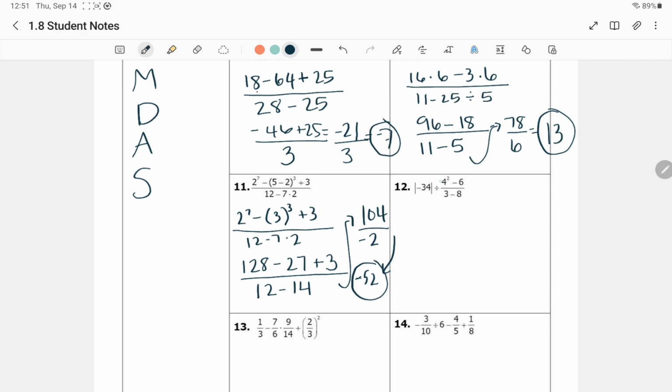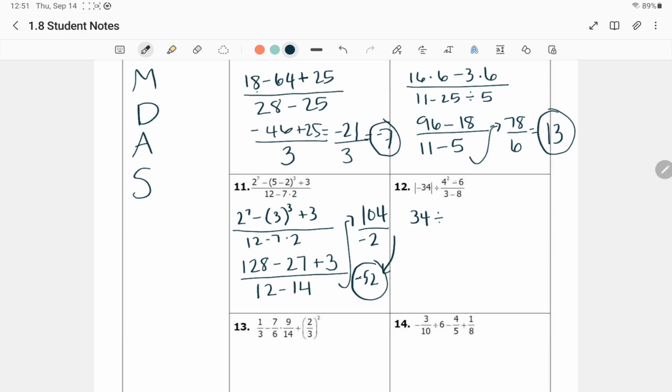All right, moving on. All right, I see absolute value. I'm supposed to do groupings first. The absolute value of negative 34 is just 34 divided by, I see exponents up here. Exponents would be 4 times 4, which is, again, I did the absolute value first, parentheses. I took negative 34 out of there.